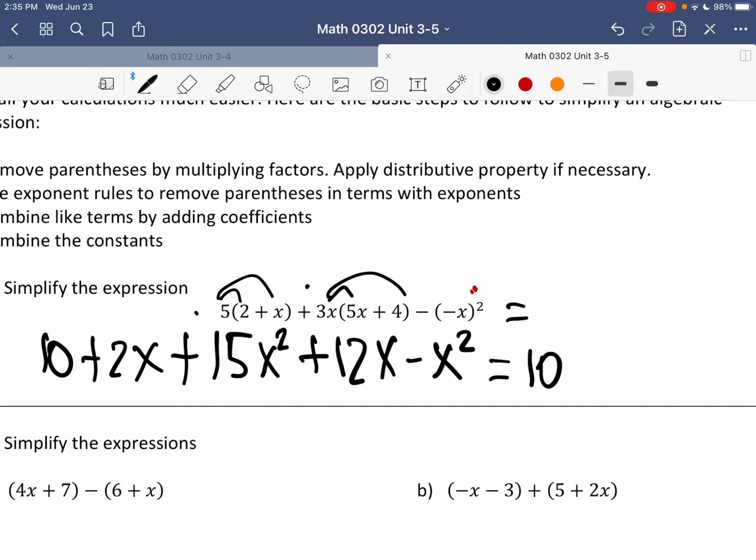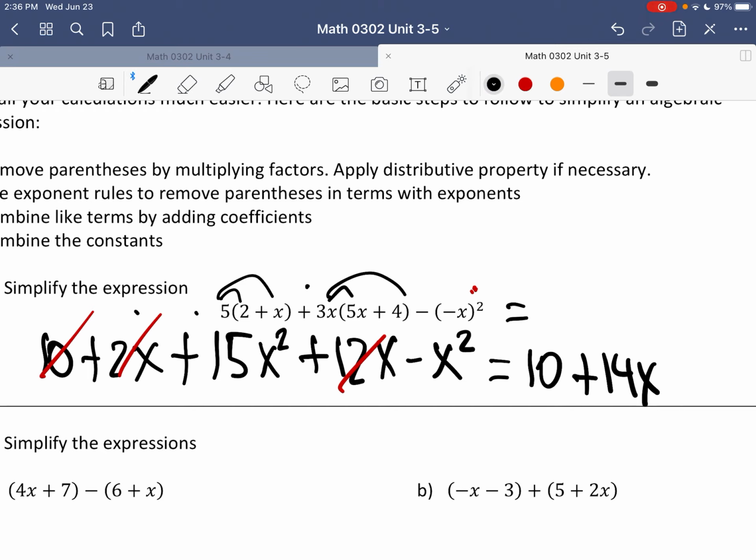Then we'll move to the next term, 2x, and look to combine a like term with it, a term with the variable x raised to the 1. So that's a 2x plus a 12x. That means add the 2 and the 12, which gets us 14x. So far, we've taken care of this one and this one.